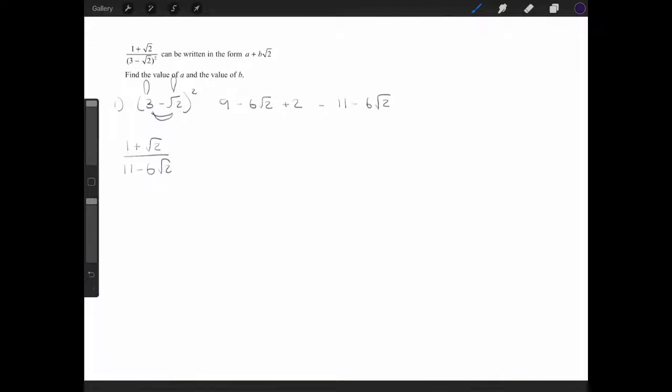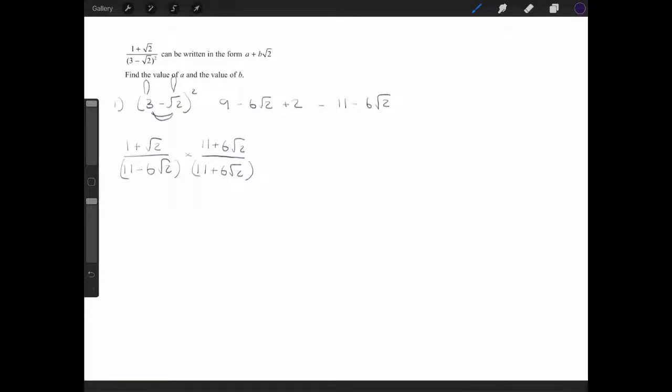In a situation like this, what I need to do is use the idea of the difference of 2 squares, and I'm going to multiply this by the positive version of this denominator, so 11 plus 6 root 2. And of course I'm going to have the same at the top because I'm not changing it, I'm just rationalizing the denominator.